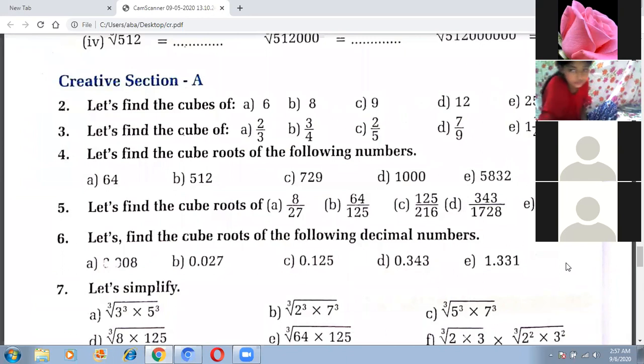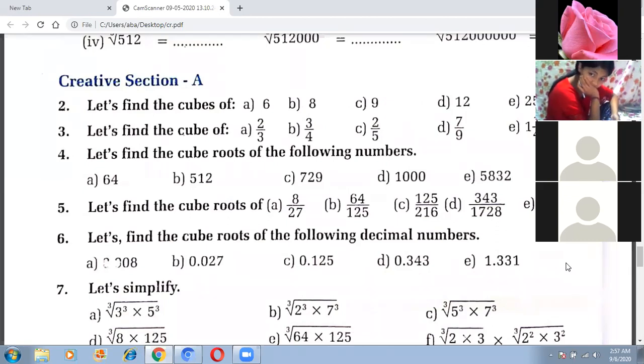Now is it divisible by 5? No. Now is it divisible by 7? It is also not divisible by 7. You can divide only by a prime number. After 7, the next prime number is 11. Now is it divisible by 11 or not? Yes, it is divisible by 11.